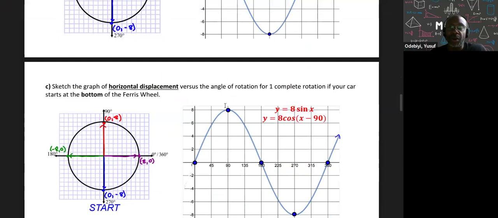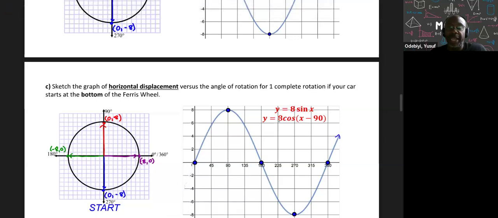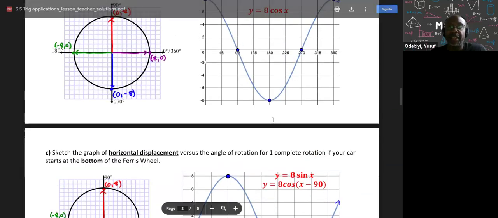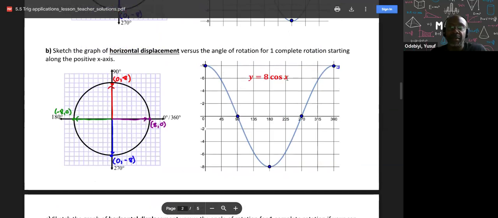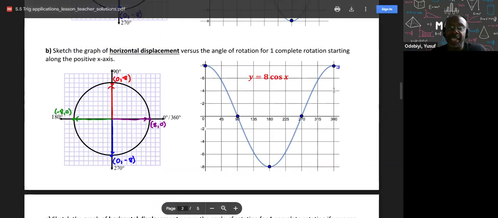Now, if you look at the cosine graph and the sine graph, they look the same. If I were to move my cosine graph to the right by 90 degrees, remember everything repeats.